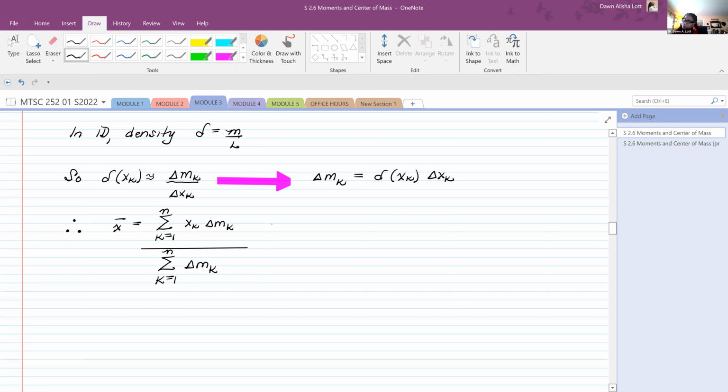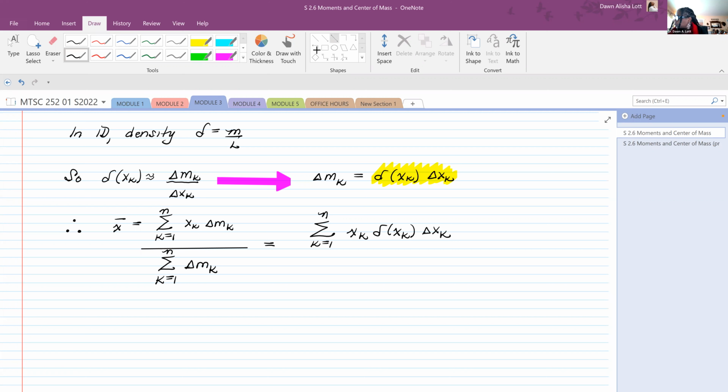We're going to put this in for delta mk. So therefore, we get the sum k equals 1 to n of xk times delta of xk times delta xk. All right, yeah, that's right.